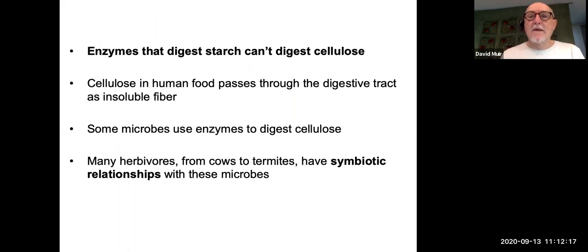But there's a major problem with cellulose in the biological world, and that is it's almost indigestible. Human beings and most animals like us cannot digest cellulose at all. It passes straight through your gut as digestive fiber. And it emerges exactly the same as it went in, unchanged by our digestive processes.